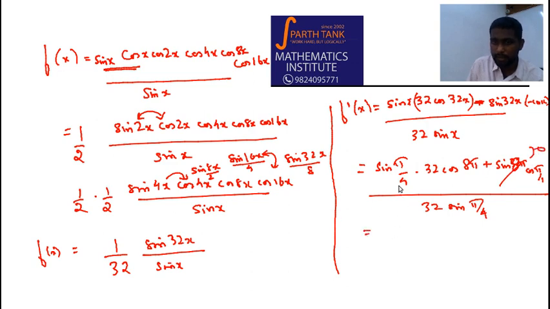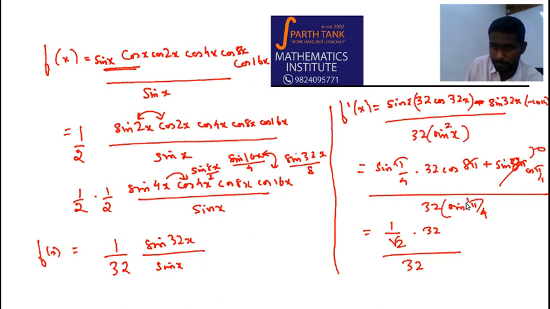So I get in the end from all this, sin pi by 4 is 1 by root 2, into 32, divided by 32 sin pi by 4 squared, which is 1 by 2.